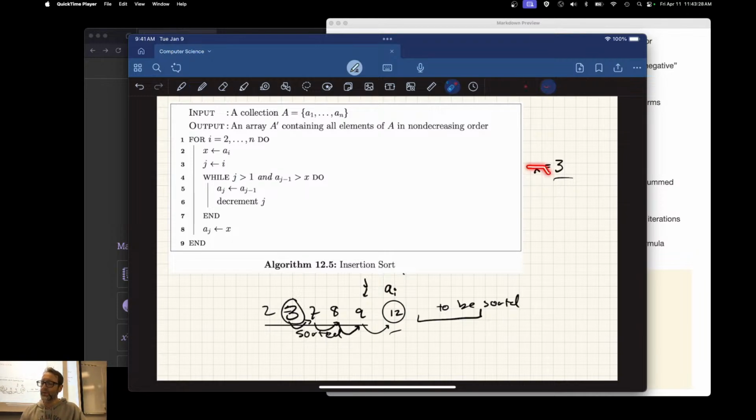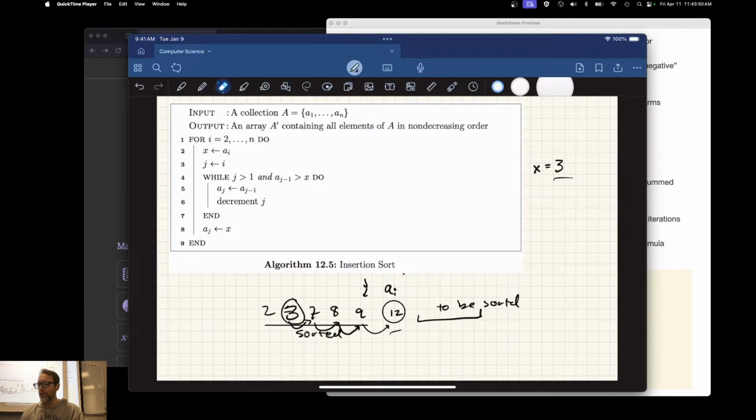I made a comparison of X to 1, 2, 3, 4, 5 elements. What iteration was that, by the way? This is 1, 2, 3, 4, 5, 6. So in this case, I made 5, generally i minus 1, comparisons.